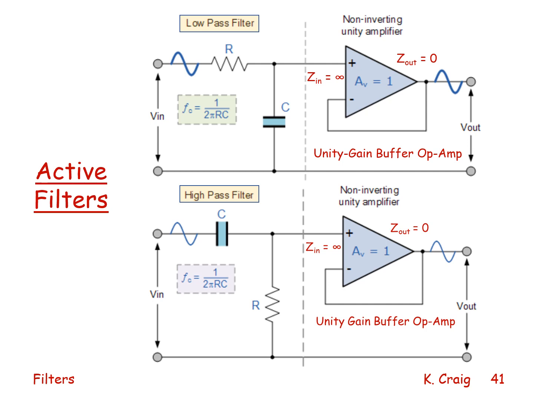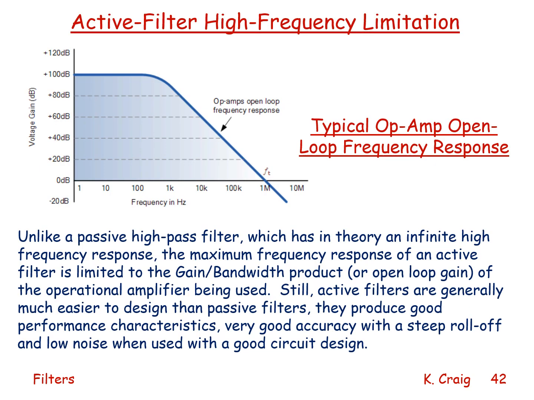So the addition of these buffer op amps makes these two filters active filters. However, we can amplify the output by using op amps.